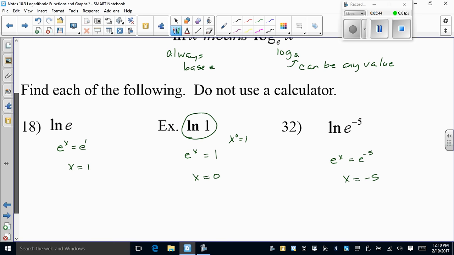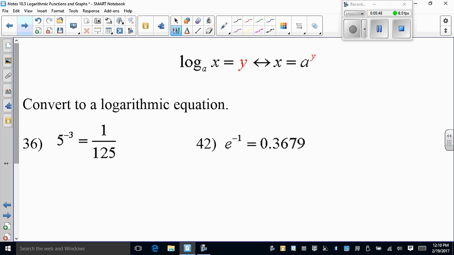Okay, another idea on logarithms. Log base a of x equals y is the same as x equals a to the y. So you're going to be asked to convert between both of these at all times. Basically, you just take this guy out and change places with these two. This is always going to be your base.